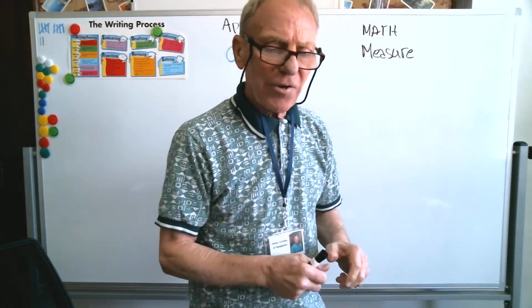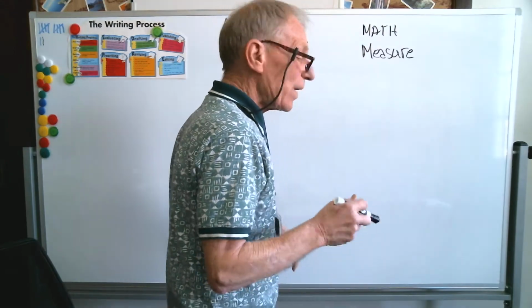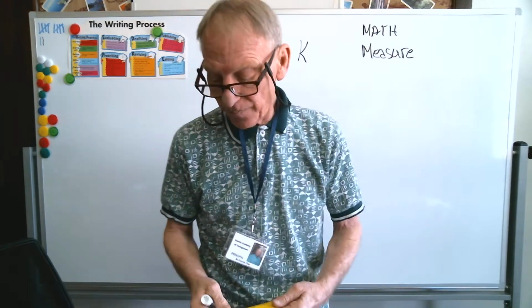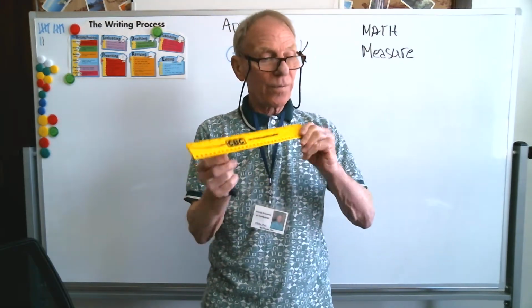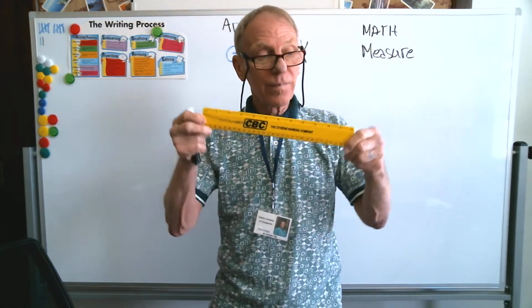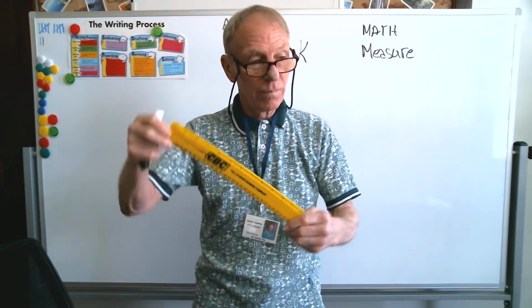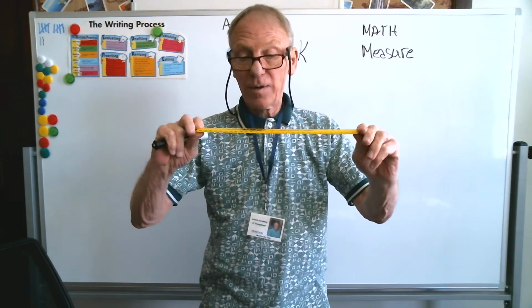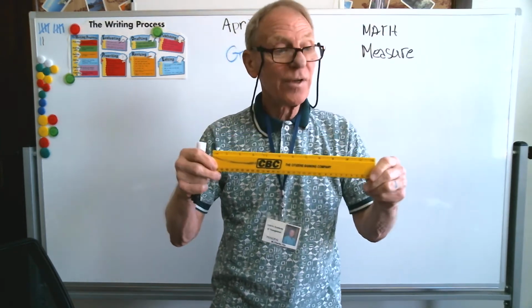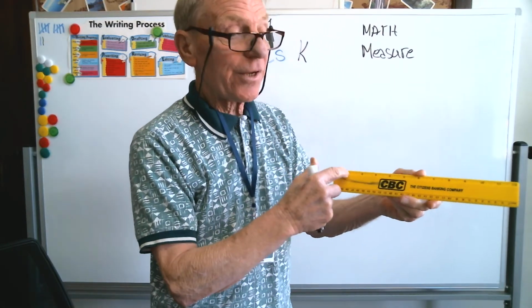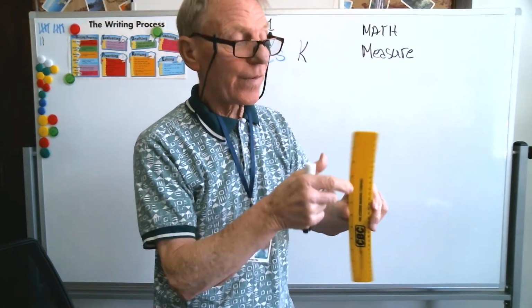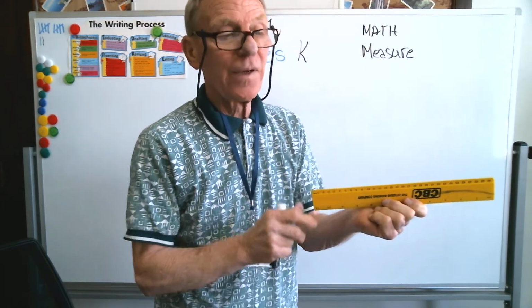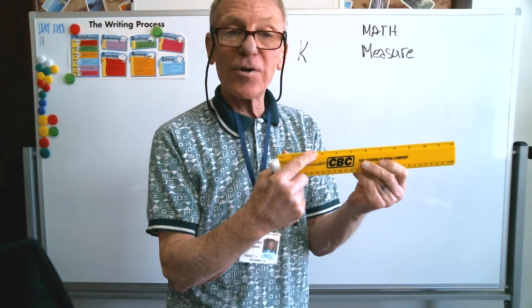When we think about measuring things, one of the most common used tools for measurement is a ruler. And a ruler, in this case, can measure things inch by inch or centimeter by centimeter. Inches are the standard measurement.